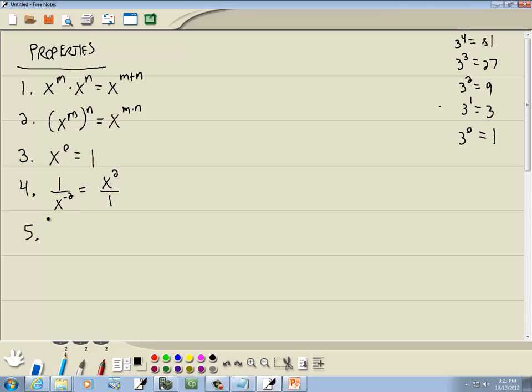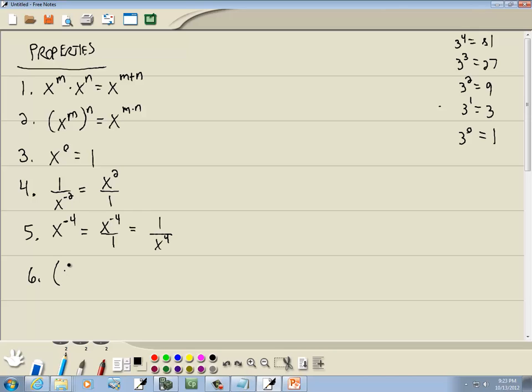Now I'm actually putting numbers here so you can see the examples, but let's say I had x to the negative 4. We want to move it opposite of where it's at in the fraction, but that's not in fraction form, so we'd have to put it over 1 to begin with. And then I take the x to the negative 4 downstairs, and it becomes x to the positive 4. So again, when you move anything opposite of where it's at in a fraction, the sign of the exponent changes.